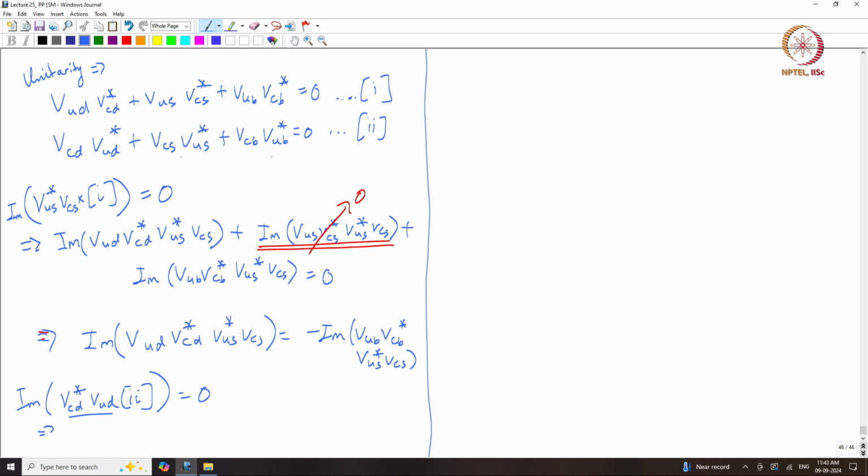So, that should at the end of the day give me VUD, VCD star, VUS star VCS, imaginary part of that is minus of imaginary part of VUD VCD star VCB VUB star. This is yet another unitarity triangle, right.